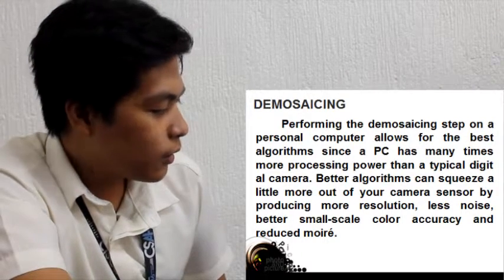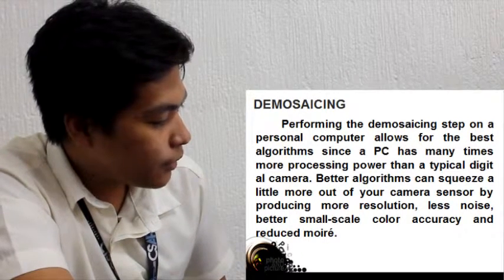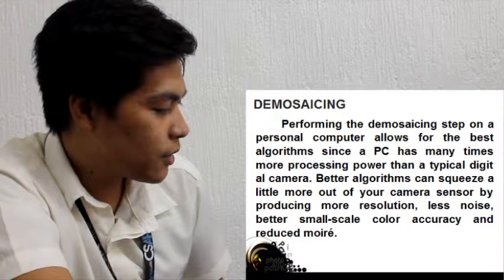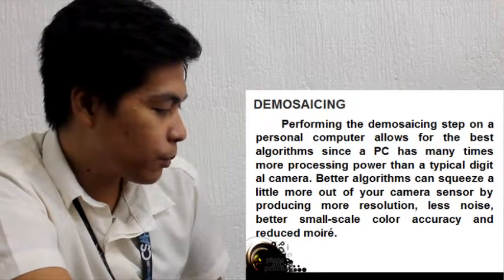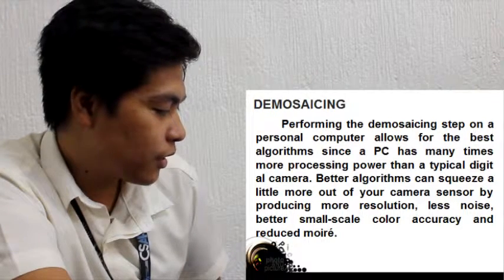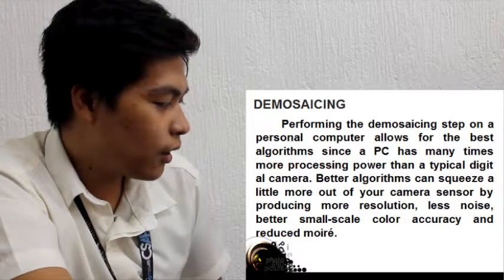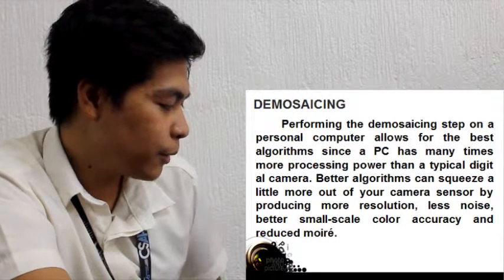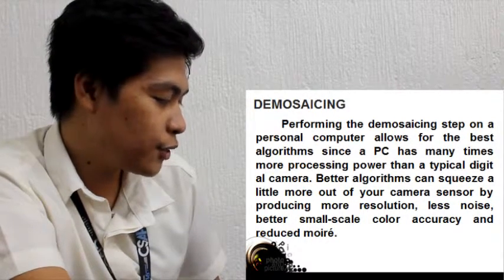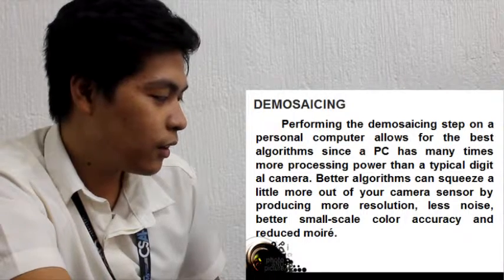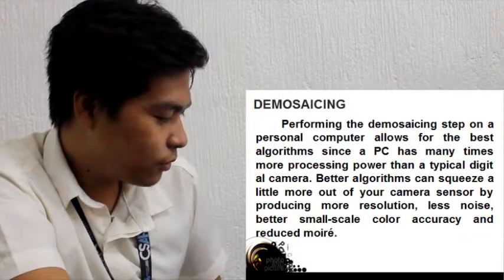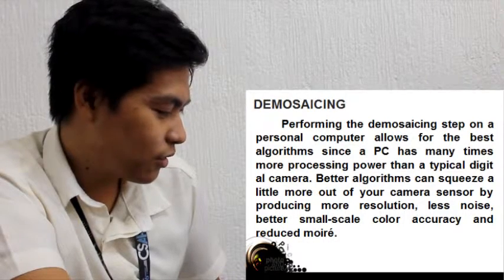Performing the demosaicing step on a personal computer allows for the best algorithm, since a PC has many times more processor power than a typical digital camera. Better algorithms can squeeze a little more out of your camera sensor by producing more resolution, less noise, better response, color accuracy, and more.